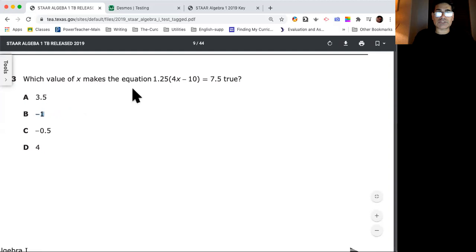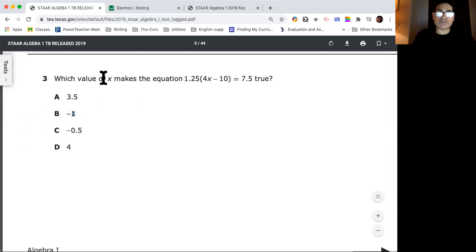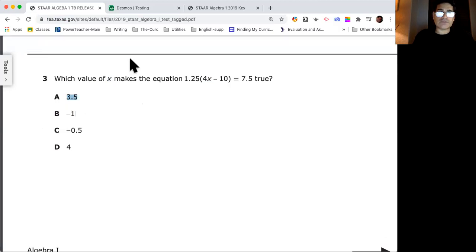In other words, which value of x makes this statement true? Well, we teach the students, through trial and error, to try all of the options. So how do we do this in Desmos?